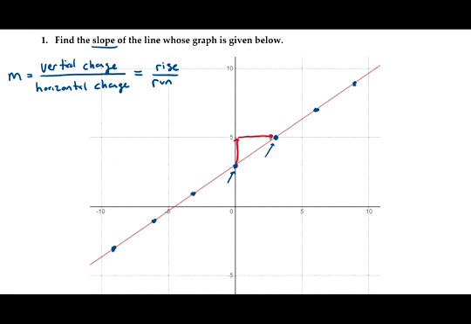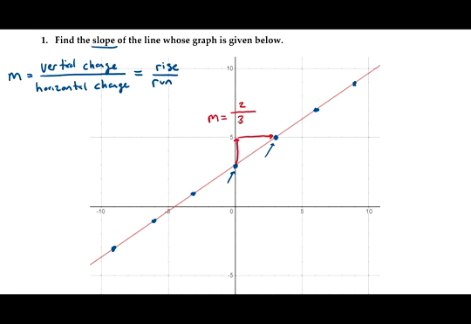So the vertical change would be up 2. The slope would be a vertical change of 2, that's the rise, and a horizontal change of 1, 2, 3. So up 2, that's positive 2, and right 3 units, that's a positive 3. So the slope of this line is 2/3.